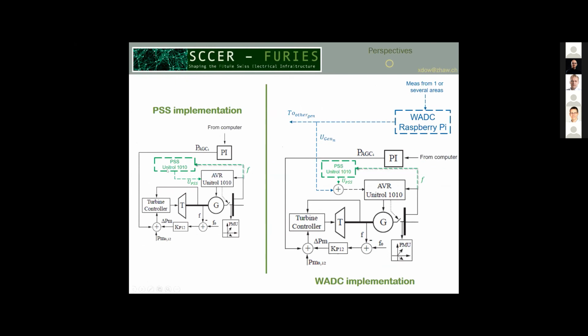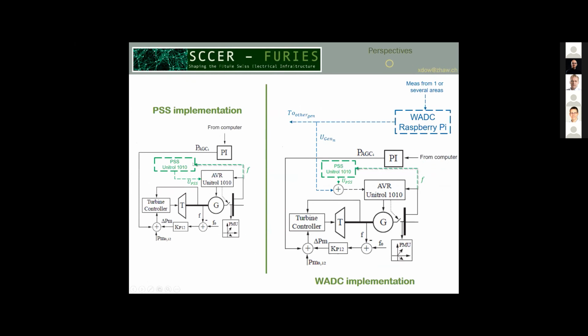For the PSS, something really good is that with the AVR from ABB, we have the possibility to design our own PSS inside the AVR. So everything inside the Unitrol 1010. This is something really good.